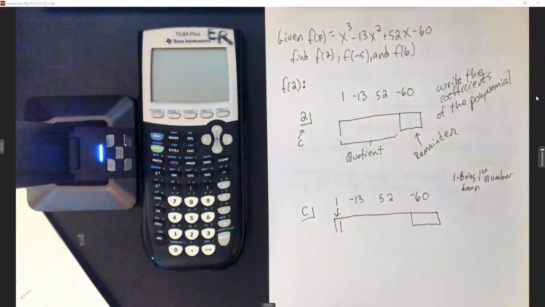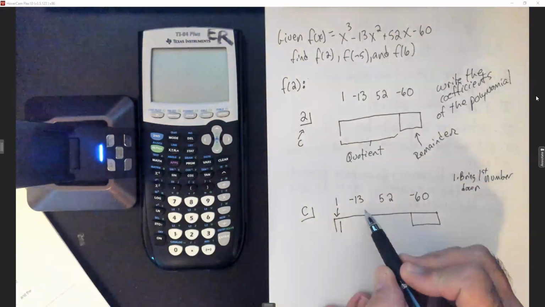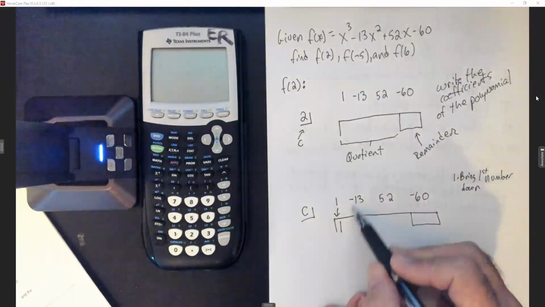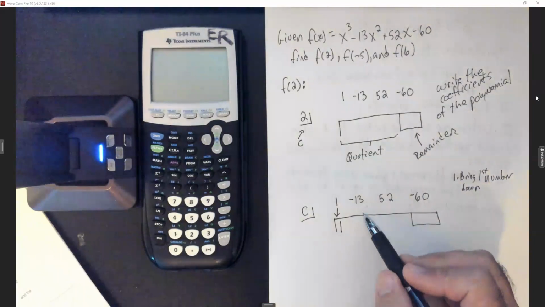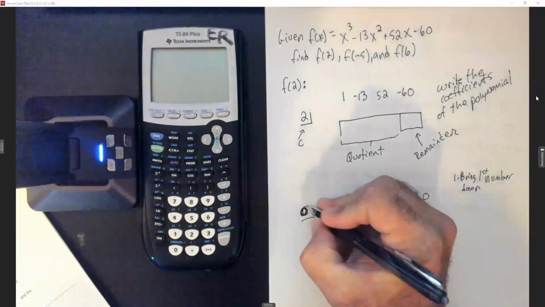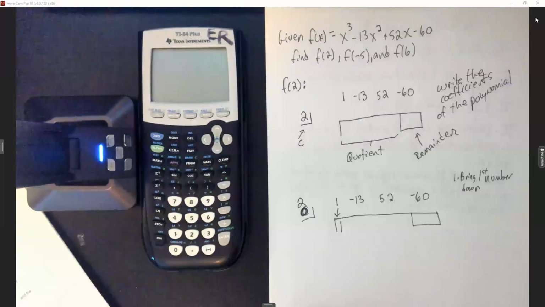Now, we need to find the number that's going to go here under the negative 13. So to get that number, whoops, y'all, let's put a 2 in there instead of my C. I think I was saying that's where my C will go, and I wrote C instead of my 2, okay? So 2 is the first C I'm using.